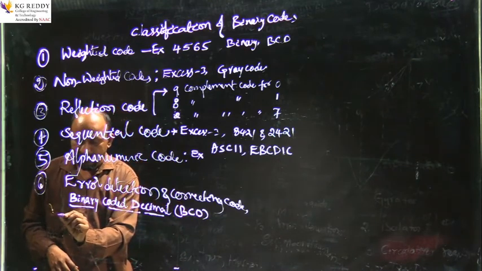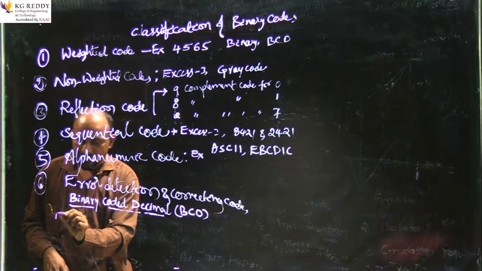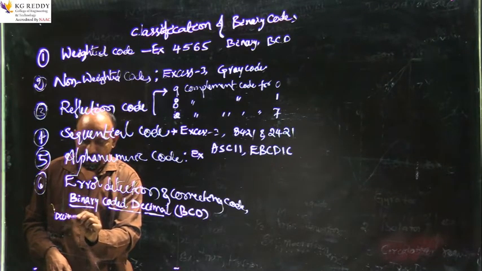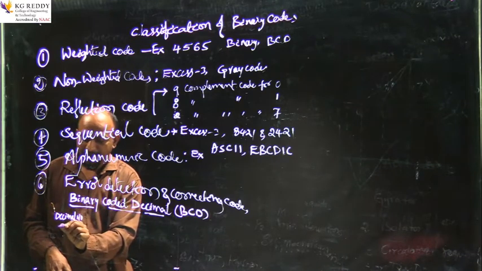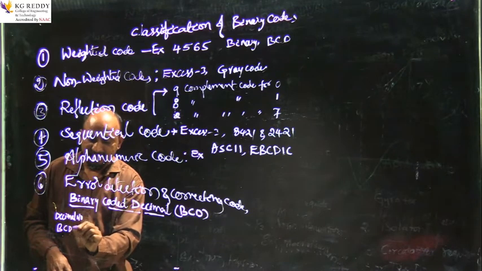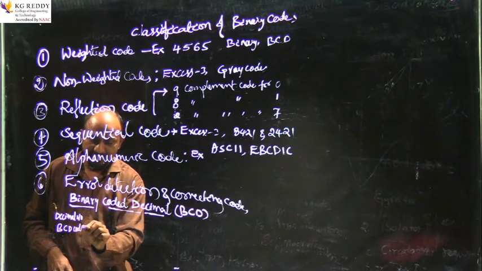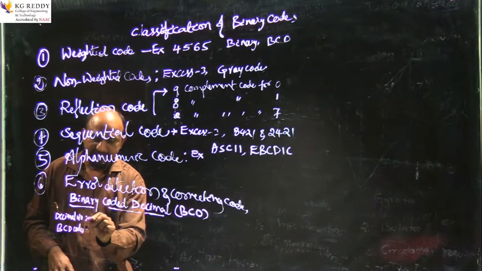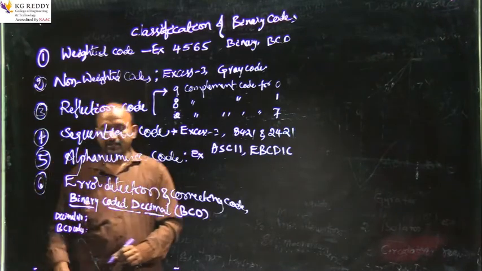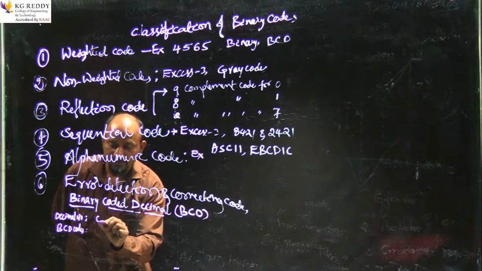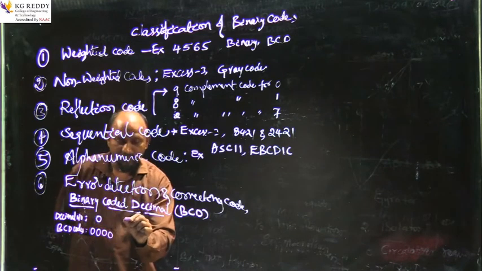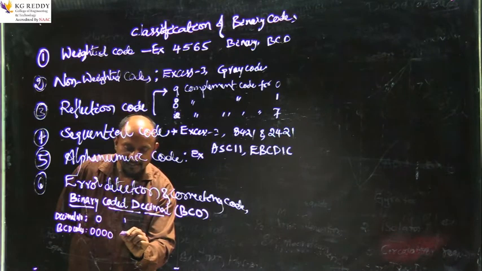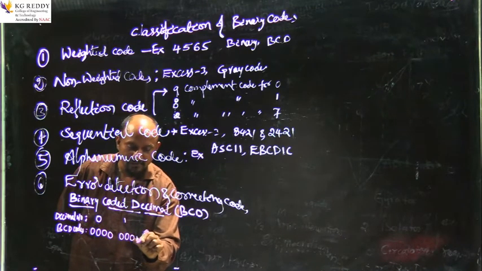I can write here decimal numbers, and here BCD codes. So here are the decimal numbers and here are the binary codes. Let us take 0. What is the BCD of 0? 0, 0, 0, 0. Decimal 1 in BCD is 0, 0, 0, 1.